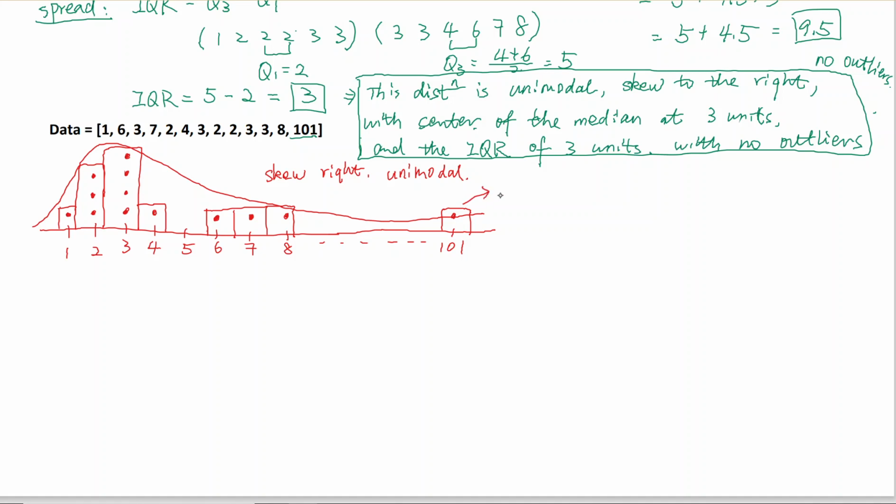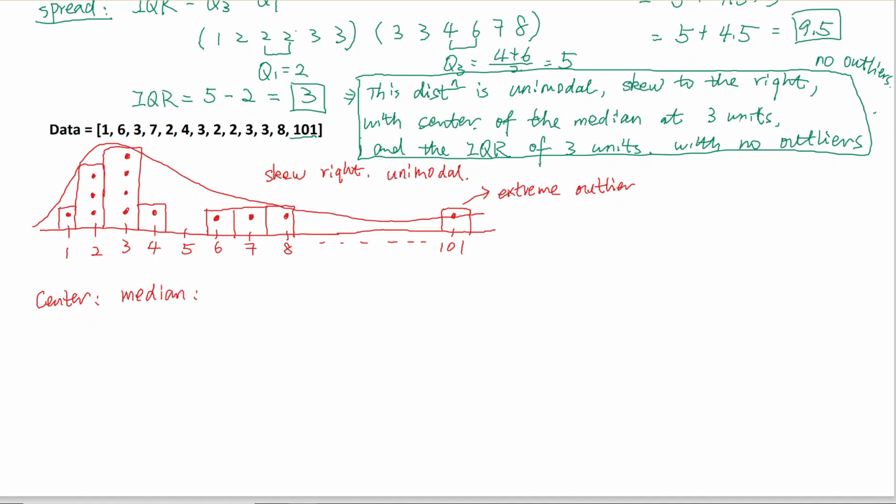So maybe this one is an extreme outlier. All right, and then since it is skewed to the right, we still need to use the median to describe the center.